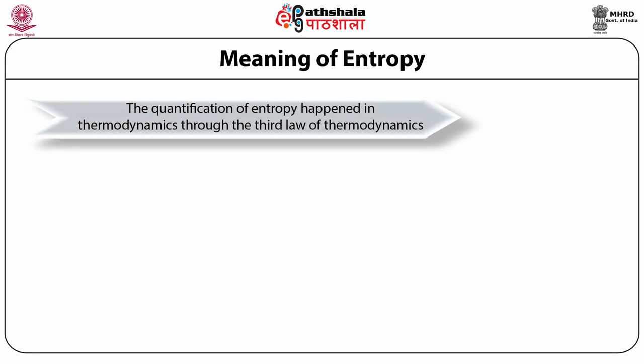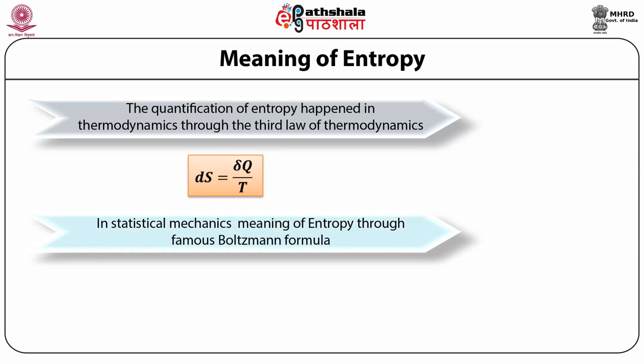The quantification of entropy happened in thermodynamics through the third law of thermodynamics, which is given in this equation. dS is equal to delta Q by T, where S is the entropy, Q is the heat, and T is the temperature.